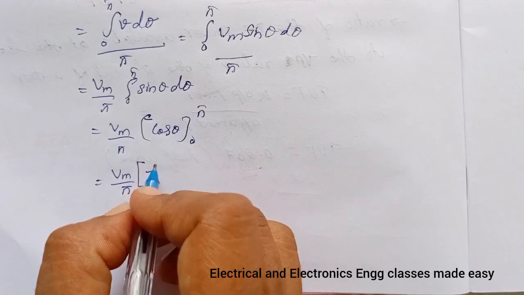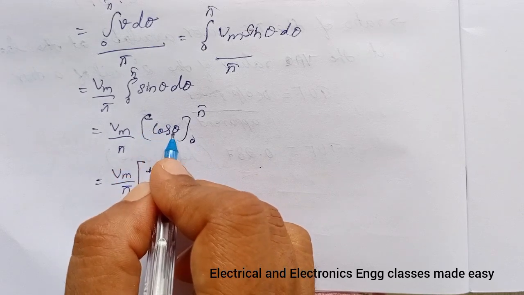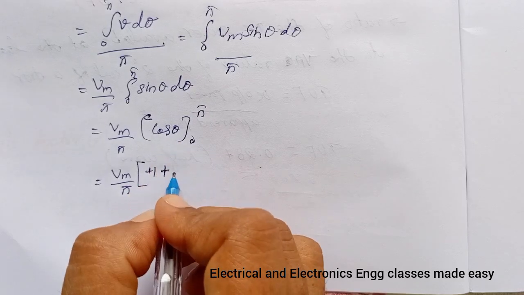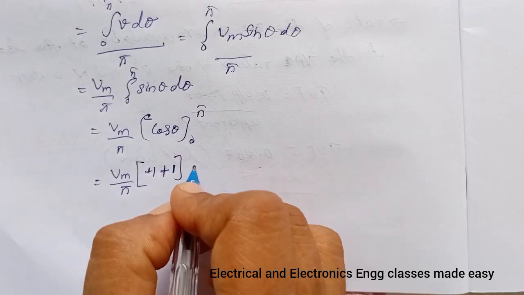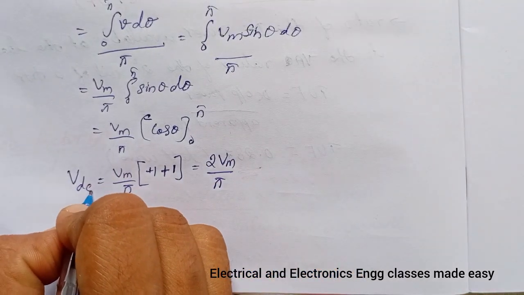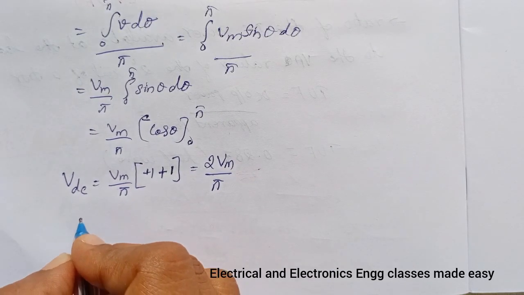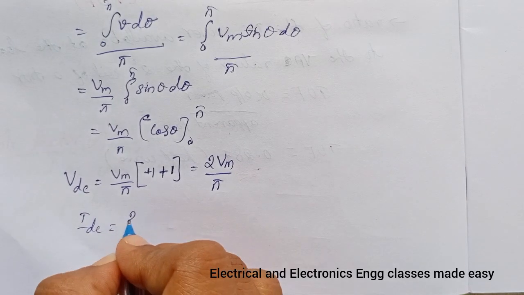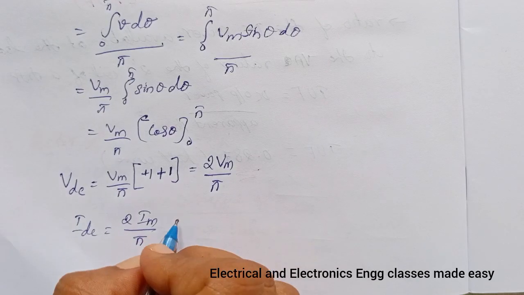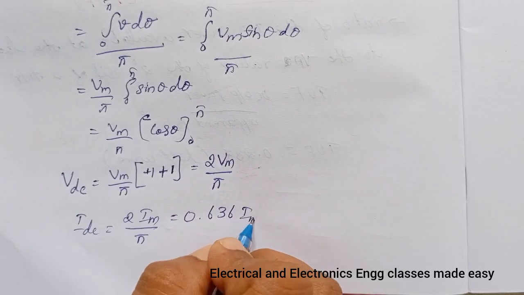Cos pi is minus 1, so we get plus 1, then minus of minus cos 0, which gives plus, and cos 0 is again 1, so we get 2Vm by pi as the average value of output voltage. Also Idc is equal to 2Im by pi, which is equal to 0.636 Im.